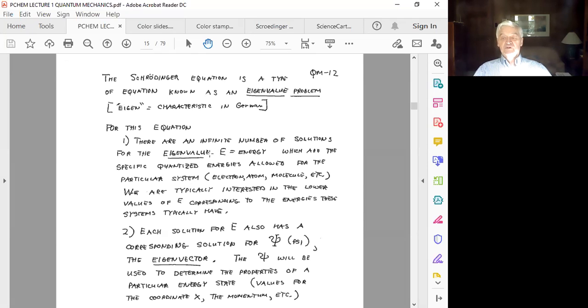But don't be confused by this. That doesn't mean that every possible energy works. By analogy, think about the fact that if I ask you to tell me how many integer numbers there are, the answer would be infinite. But the integers would not contain all the possible numbers. You could have 1.37, you could have 2,768.4.